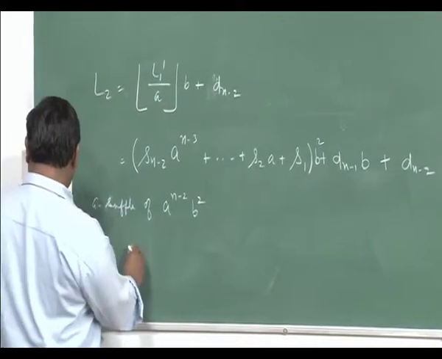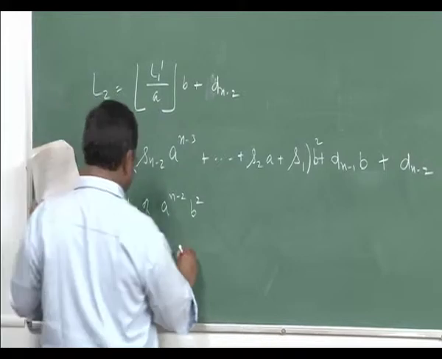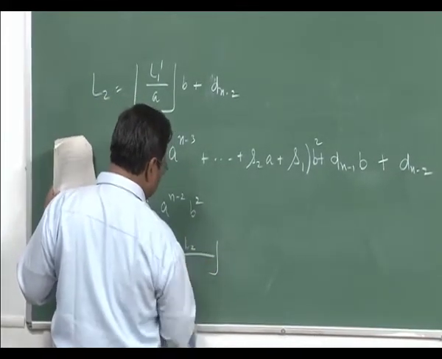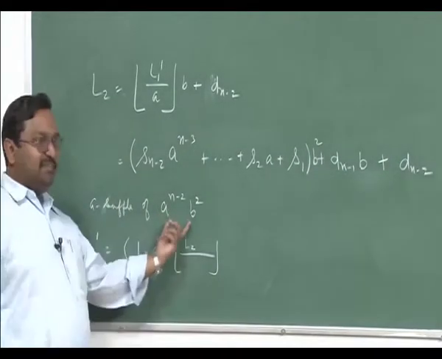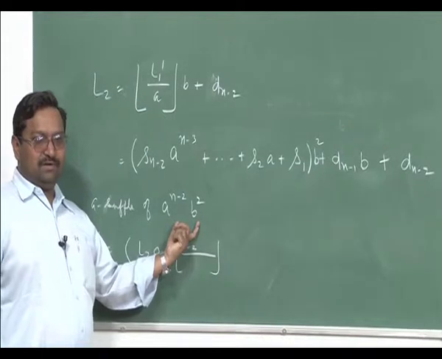L2 prime is L2A plus. Now what will be the numerator? This divided by A. Q is already A, R you have to find out.